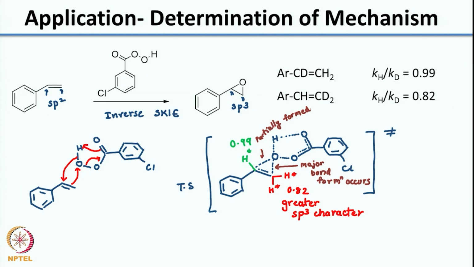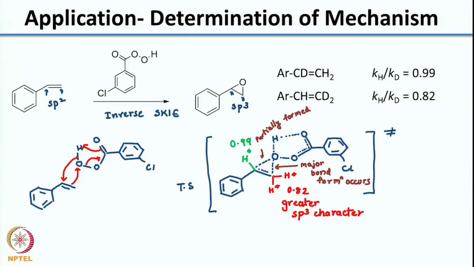What that tells you is that the transition state is not as symmetric as one would expect from the drawing in front of your screen. You have major sp3 character at this position and smaller sp3 character at the position next to the phenyl ring.